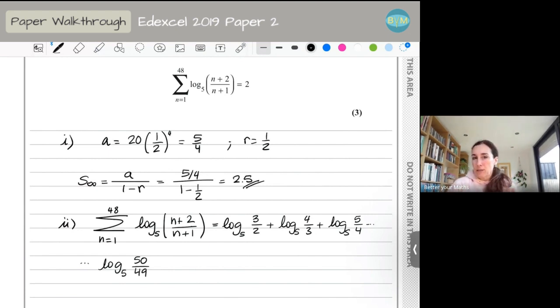Now you have an addition of logs, and you know the properties of logs. I think now it's going to be easier to add these logs, because when you are adding logs, you can have the log of the product of the numbers. So using the properties of logs, this is log of 3/2 times 4/3 times 5/4 times up to 50 over 49.